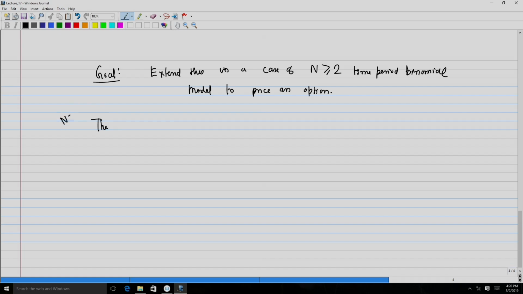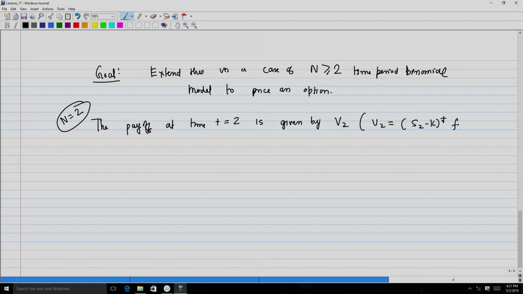So, let us look at the case of n equal to 2. Remember, we had done the option pricing for n equal to 1. Accordingly, we look at the payoff at time t equal to 2, given by say V 2. So, V 2 is going to be equal to S 2 minus k, plus, for a European call.